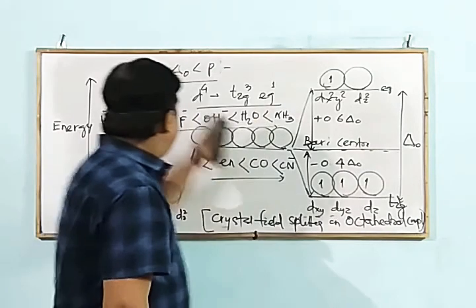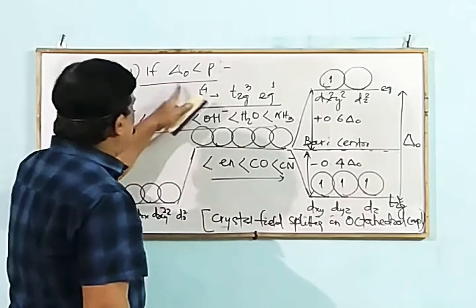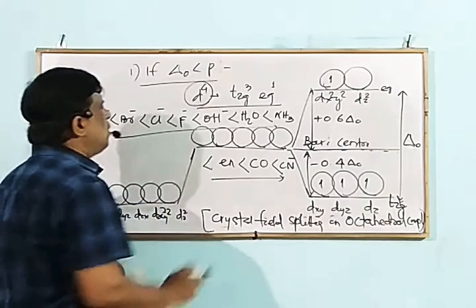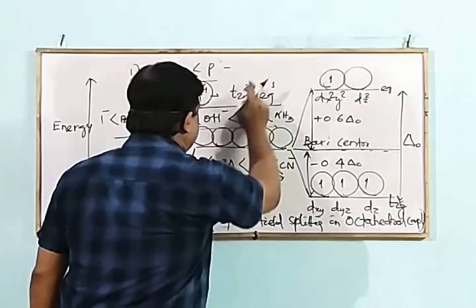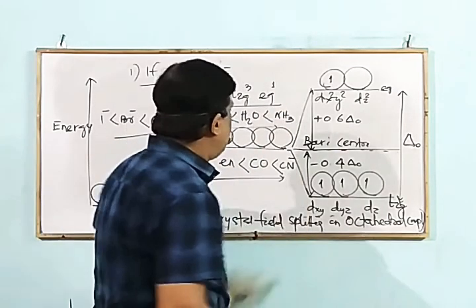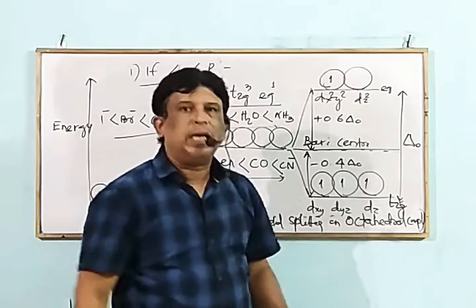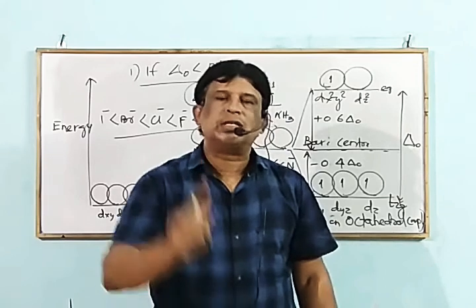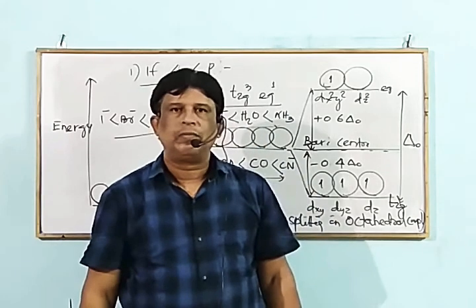That means in this case, when ΔO is less than the pairing energy for the d4 configuration, it is t2g3 eg1. It is clear that all electrons remain in unpaired form, and this is possible in the presence of a weak field ligand.